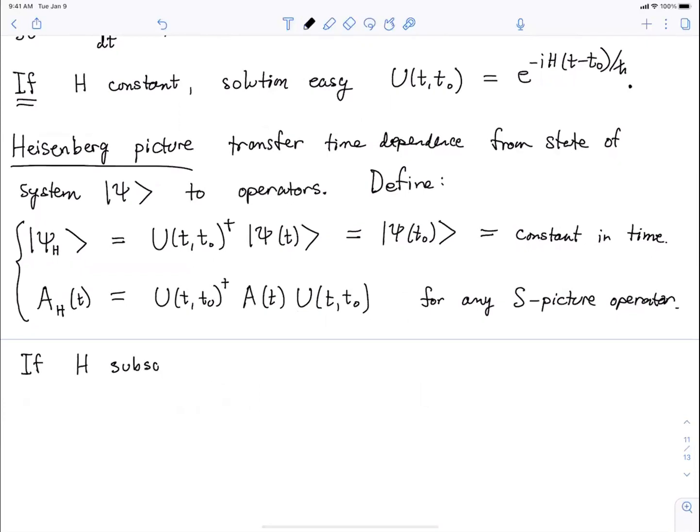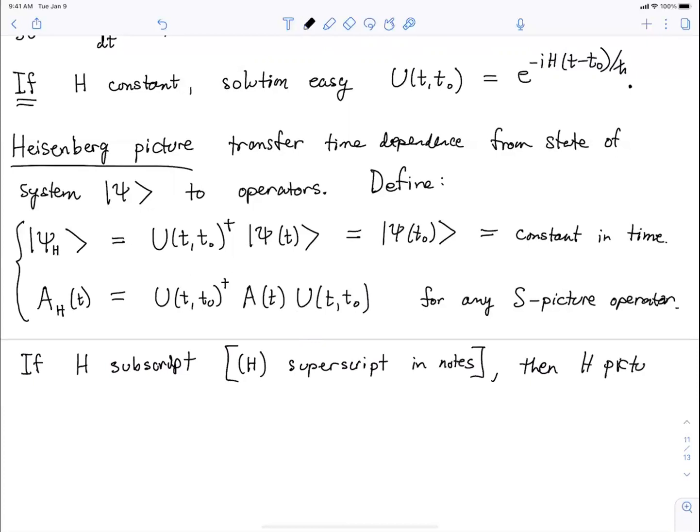And if you don't, then it's not. So if H subscript, and in the notes for variety, I did it a little differently. I used an H in parentheses superscript. But I decided in class that's too much stuff to write. Okay, then it's the Heisenberg picture.